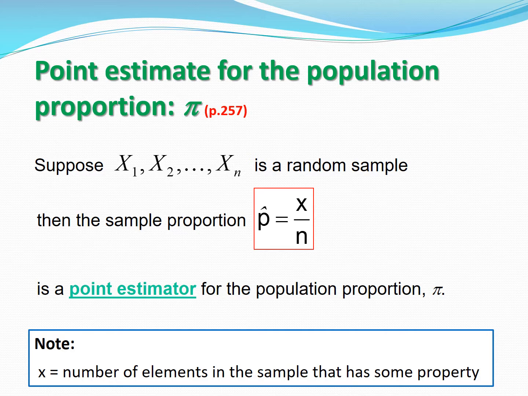So for instance, if I want to investigate how many students in class have smartphones, then I would physically go and count, and that will be the count for the property that I'm investigating. So the count of students that have smartphones, and then I will divide by the total number of students in class.